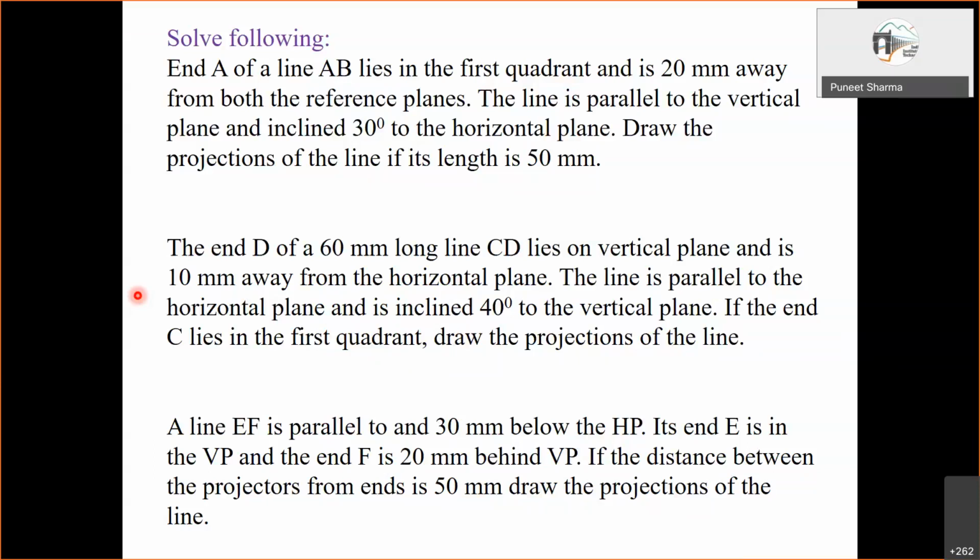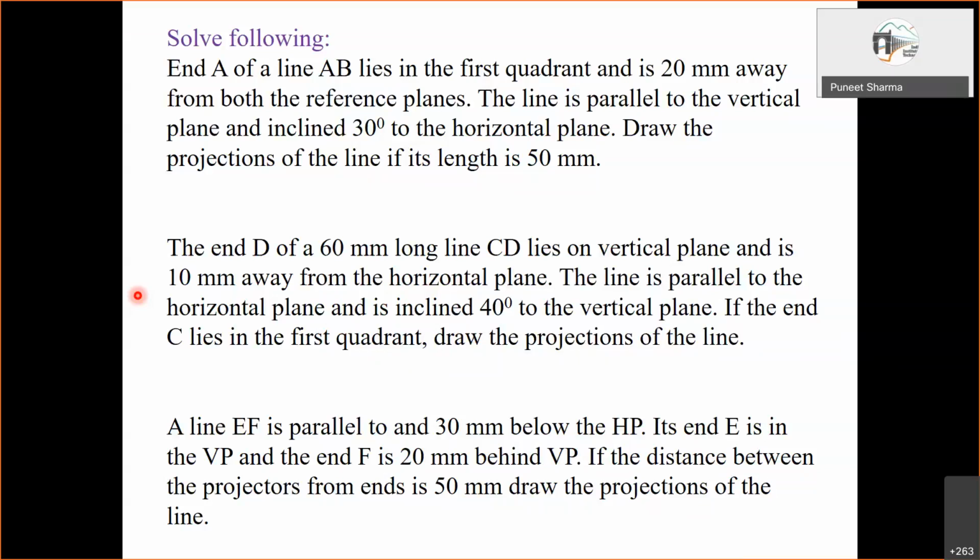So for D we have these conditions. That is, it is 10 mm away from the horizontal plane, right? And it is in the vertical plane. So the top view will be on the XY line, and based on this condition that C is in the first quadrant, we can make out that the line is in the first quadrant.